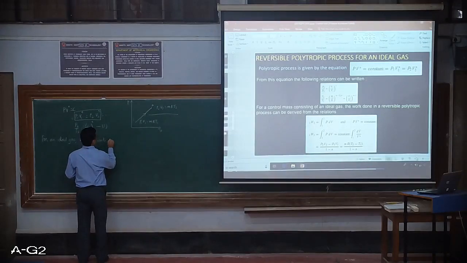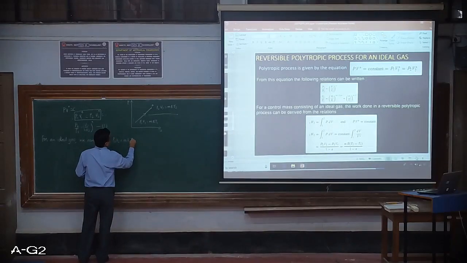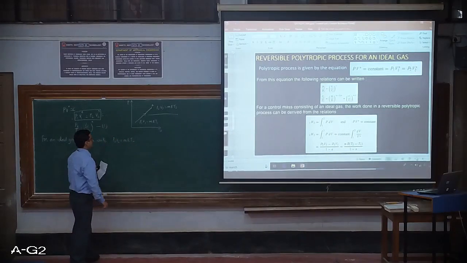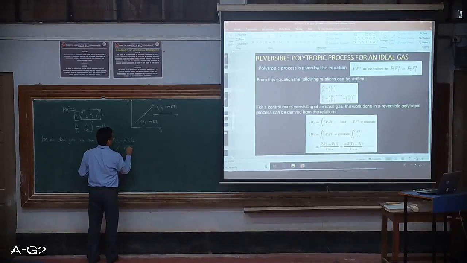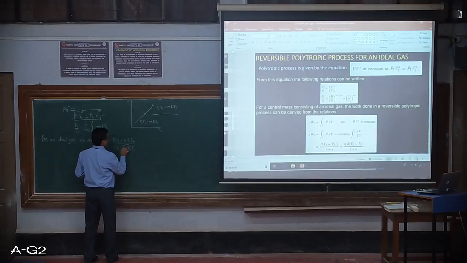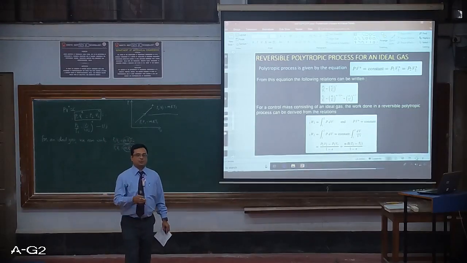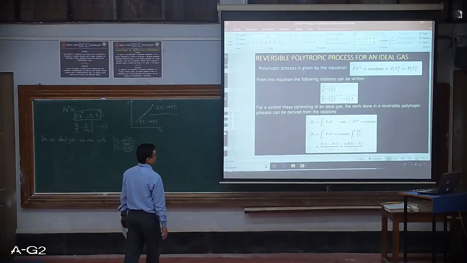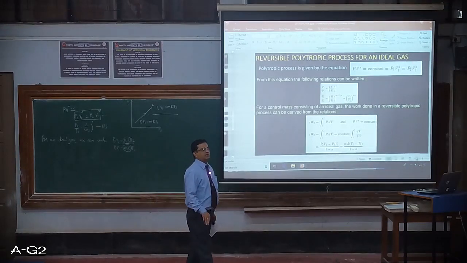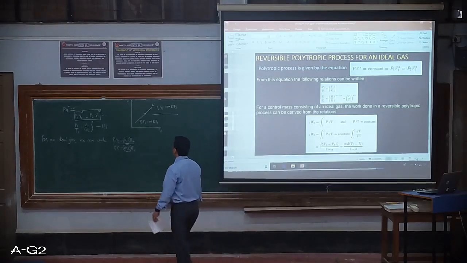So P2 V2 equal to mRT2 at the final state, divided by the initial state P1 V1 equal to mRT1. mR will remain the same for the same gas throughout, whether it passes through one process, two processes, or executes a cycle, because mass is constant and for the given ideal gas R is also constant, hence the product mR will remain constant.